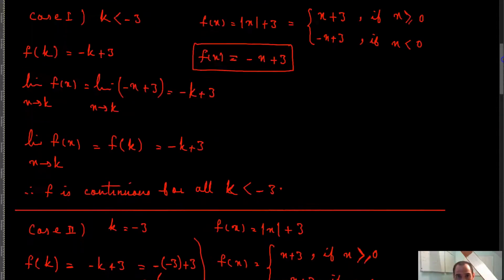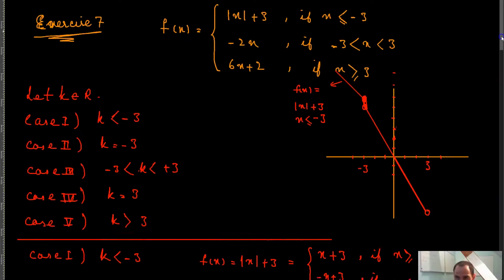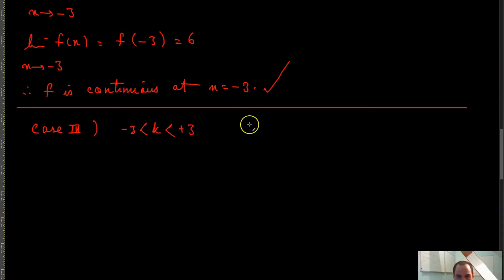So the value of the function over here, we have -2x for this part of the function for this interval. f of x is equal to -2x.